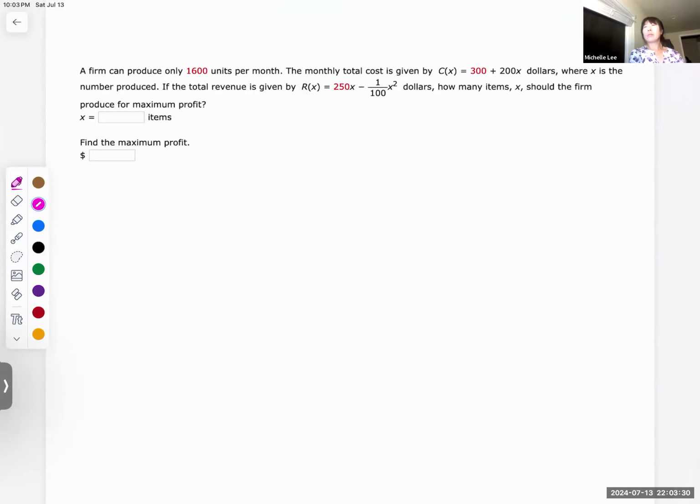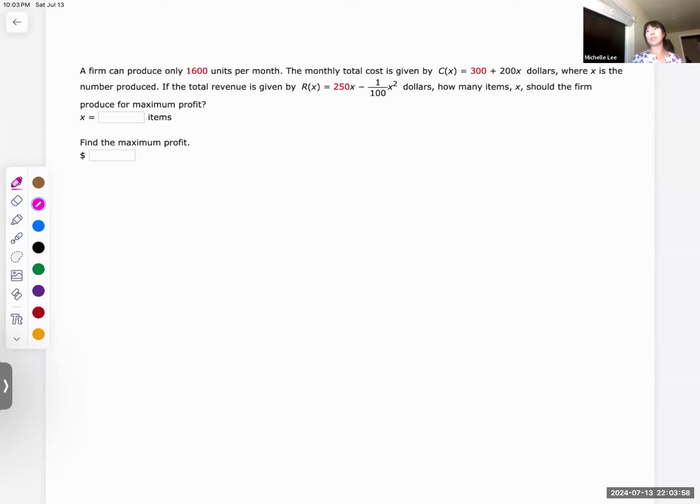A firm can produce only 1,600 units per month. The monthly total cost is given by that, where X is the number produced. If total revenue is given by that, dollars, how many items X should the firm produce for maximum profit?